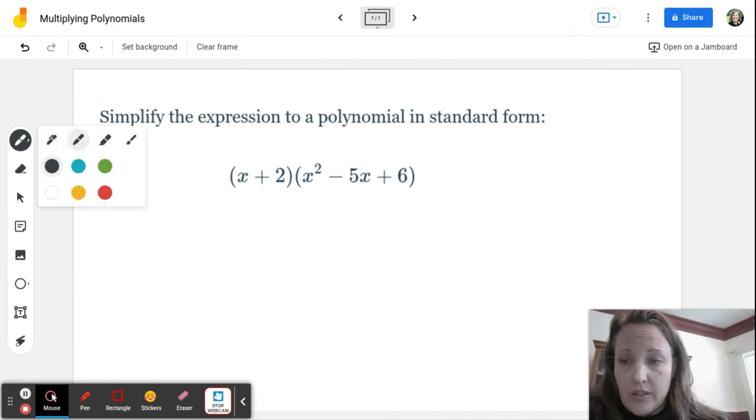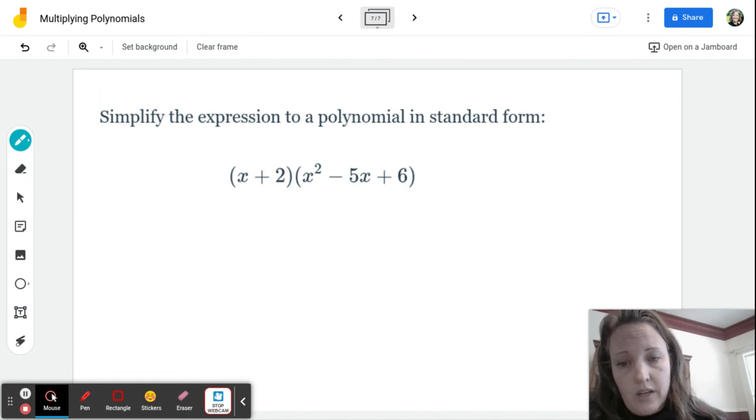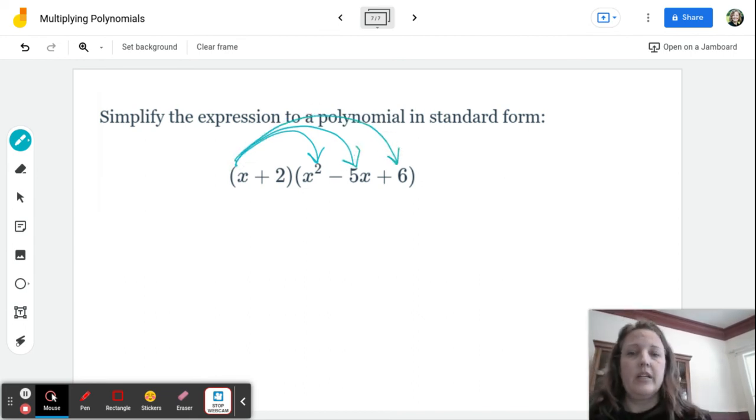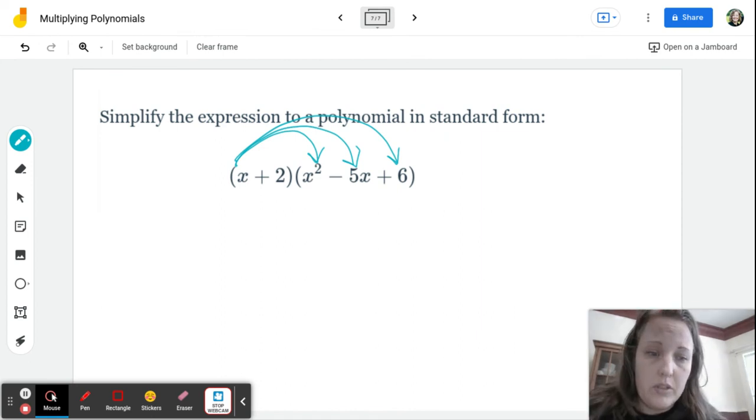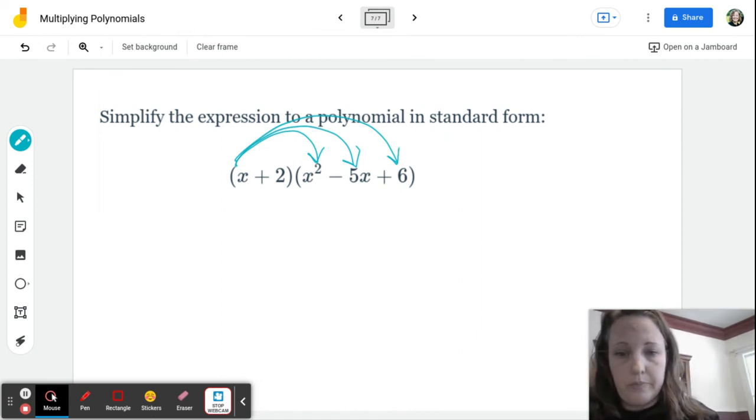All right, so let's go ahead and I'm going to use this method here, the distributive property. Again, that area model is very helpful to some people. So I'm going to let you use that if you need to, of course. So x times x squared, I'm going to do this one a little faster, x to the third.